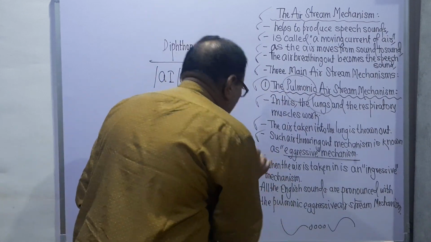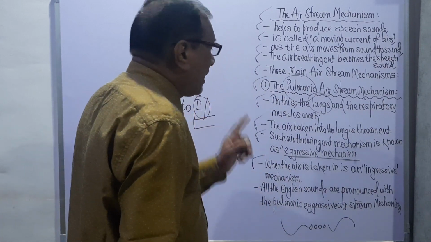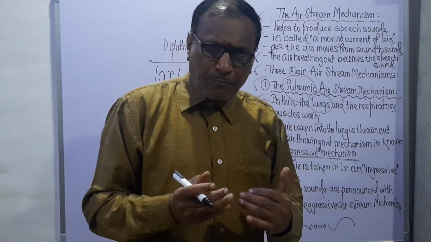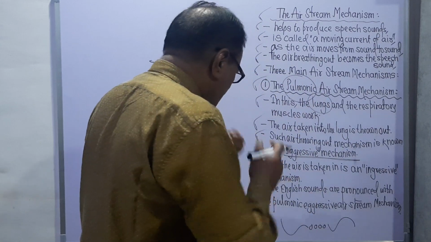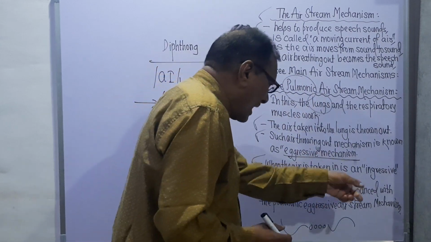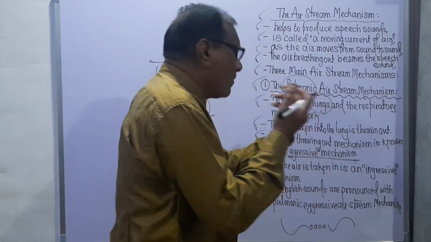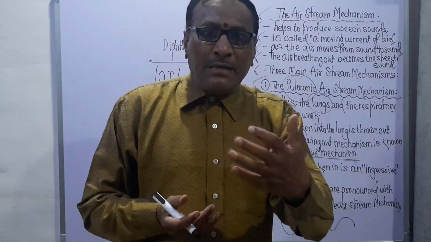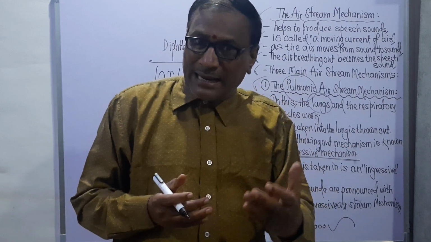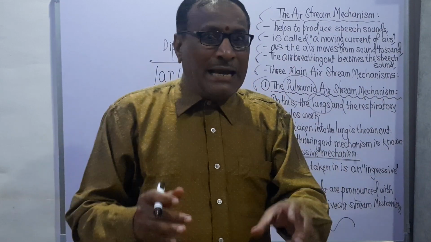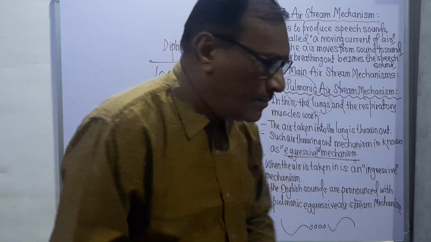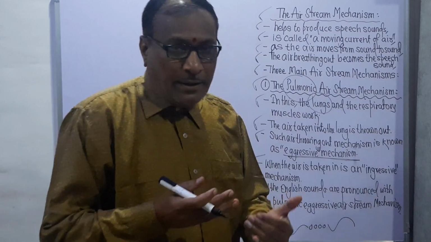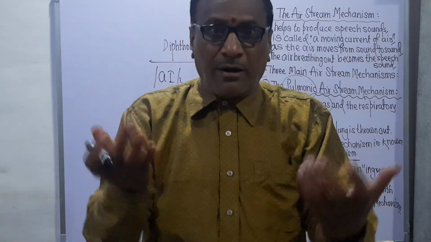The next point is when the air is taken in, when man takes that air in, it is an ingressive mechanism. Remember, ingressive mechanism. What is called the ingressive mechanism? The ingressive mechanism means the mechanism in which the air is taken in, means man takes that air in.